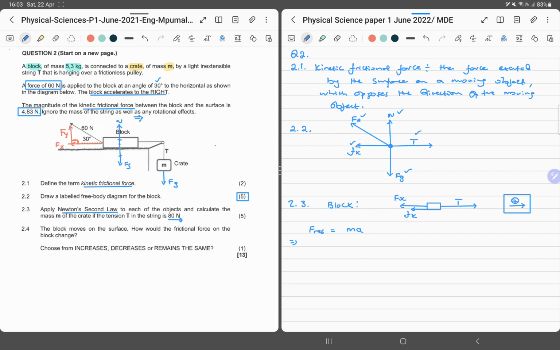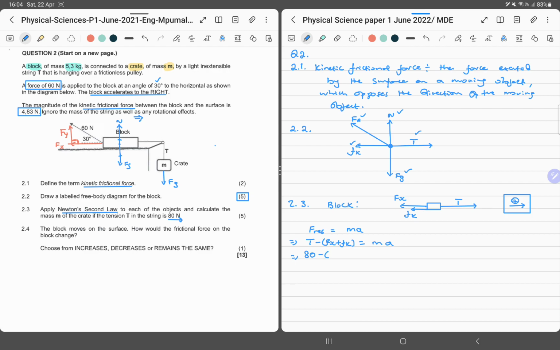So this is going to be the tension minus the sum of Fx plus Fk equals ma. Okay, now let's go for it. Tension, we're given it's 80 newtons, and on this block it's to the right.